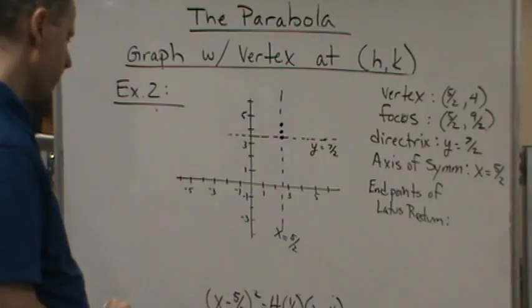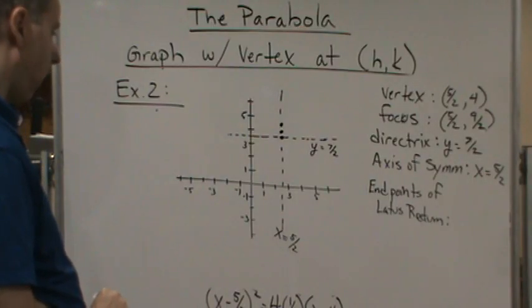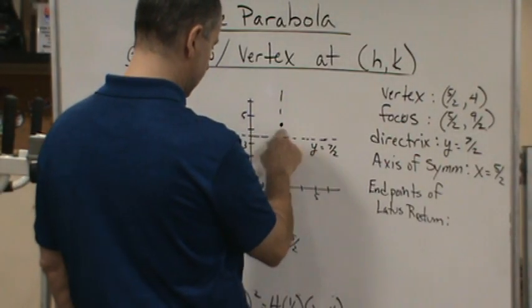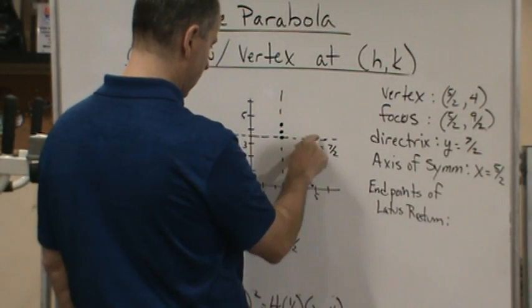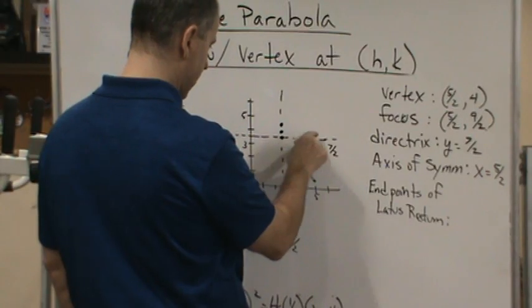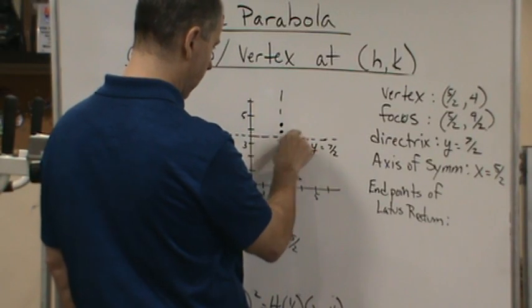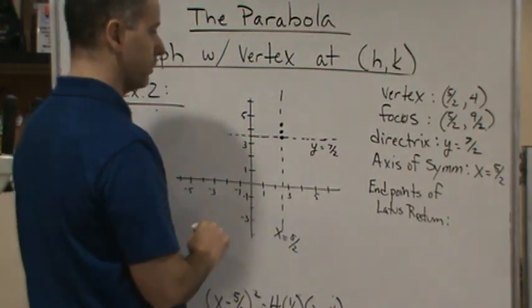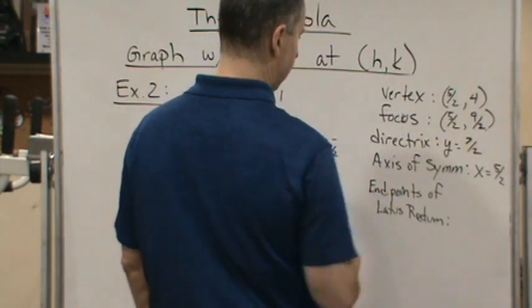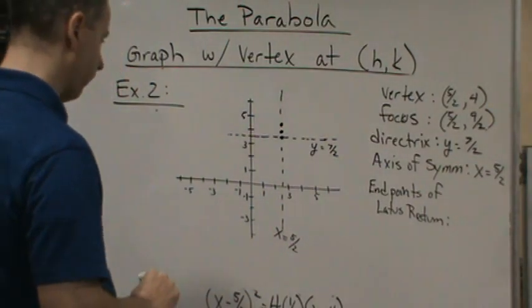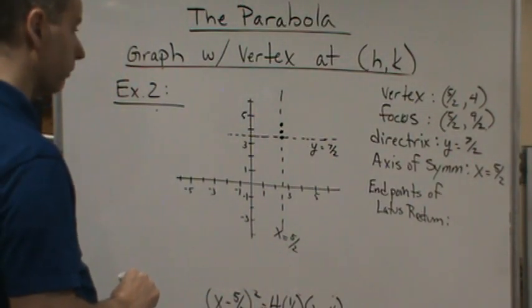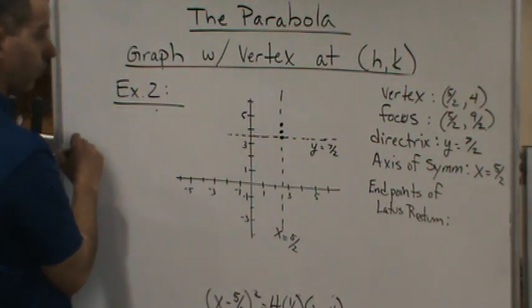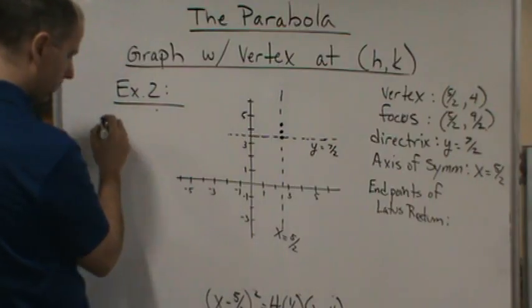So now, in this case, the latus rectum is a line segment that goes through the focus, so it has to have the same y value as the focus. So it would be at 4.5, or 9/2. And so let's plug in 9/2 for y and see what we get.